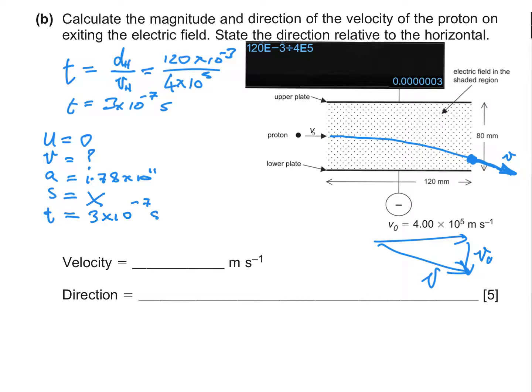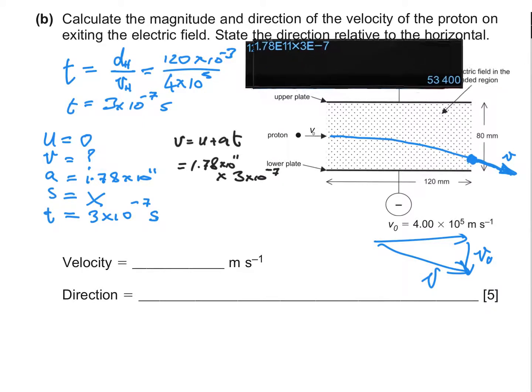So we need an equation that has v but not s: v equals u plus at, and u was nothing, so v equals at. That's 1.78 times 10 to the 11 times 3 times 10 to the minus 7 seconds, giving a final vertical velocity of 53400 meters per second.